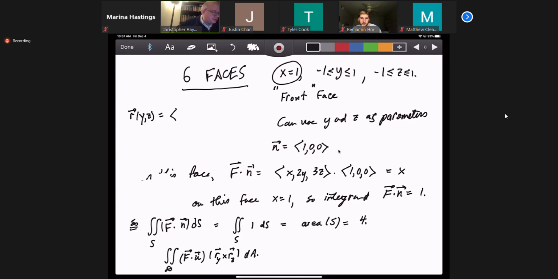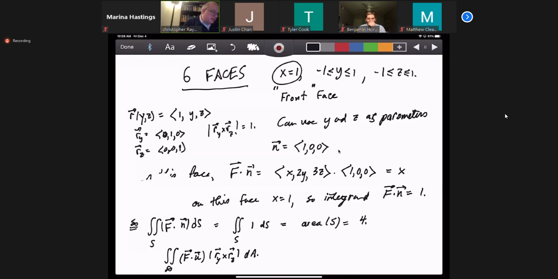But look at our parameterization. X is 1, Y is Y, Z is Z. So Ry would just be 0, 1, 0. Rz would just be 0, 0, 1. So this is the unit vector j crossed with the unit vector k. Oops, Ry cross Rz. Those are perpendicular and each are unit vectors. So I know when I take the cross product and take the length, I'm going to get 1 here.